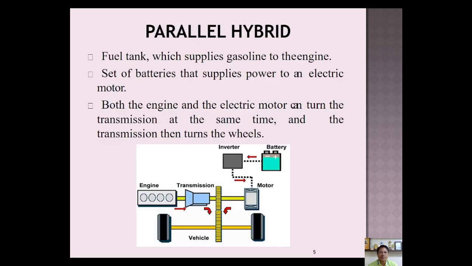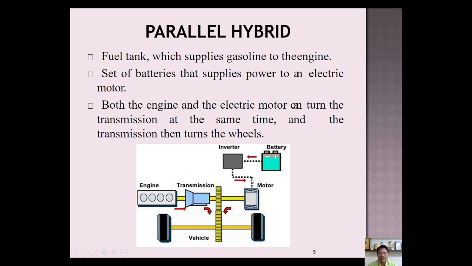We will talk about the parallel hybrid. The fuel tank supplies gasoline to the engine. The engine is connected by a single shaft to a transmission, and the transmission is connected to a final drive. Parallelly, an electric motor is connected to the same transmission system.